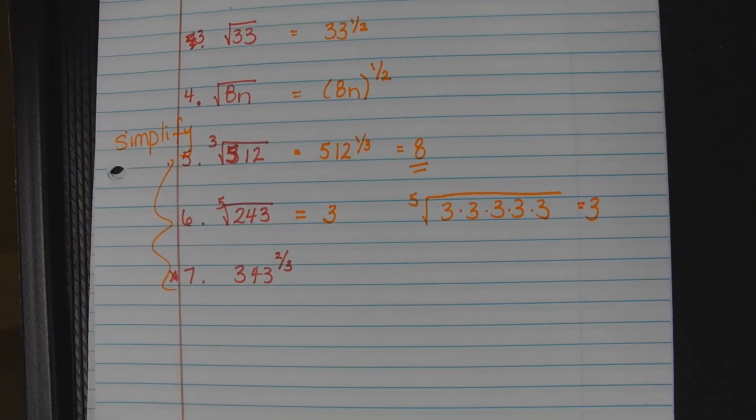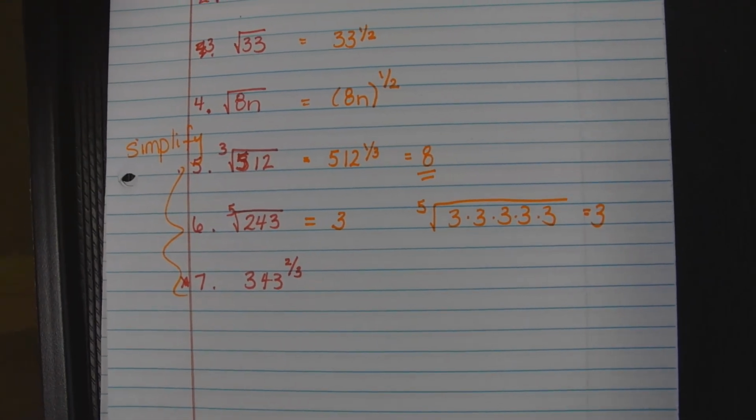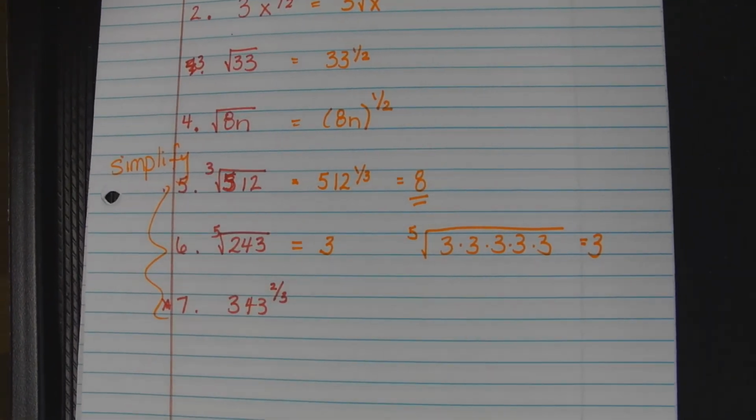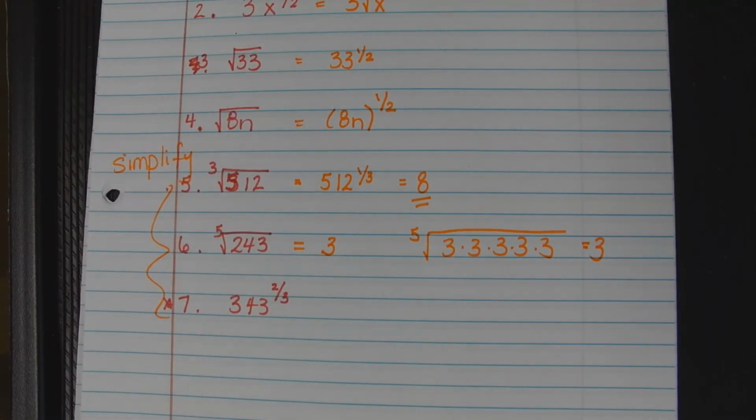All right, number 7. Now we're really getting into it. What form is this in? Exponential. So this can be read as 243 to the 2/3 power. Do you see how, when the power is a fraction, it really breaks up that base?